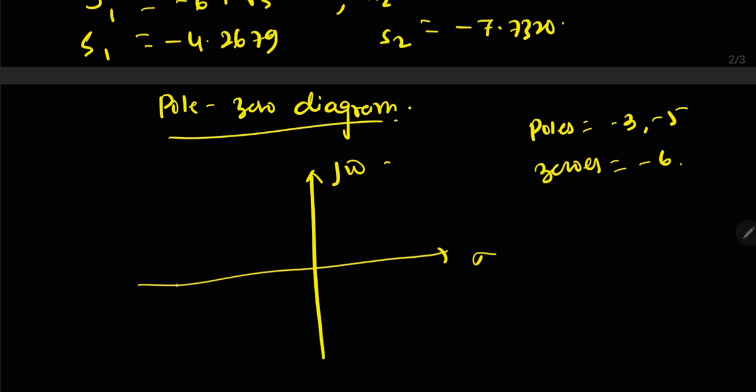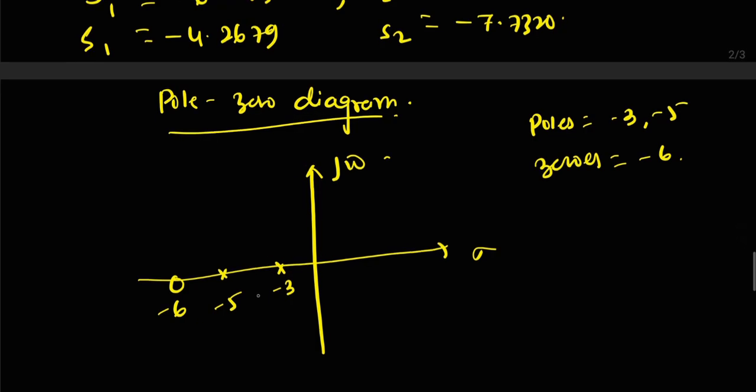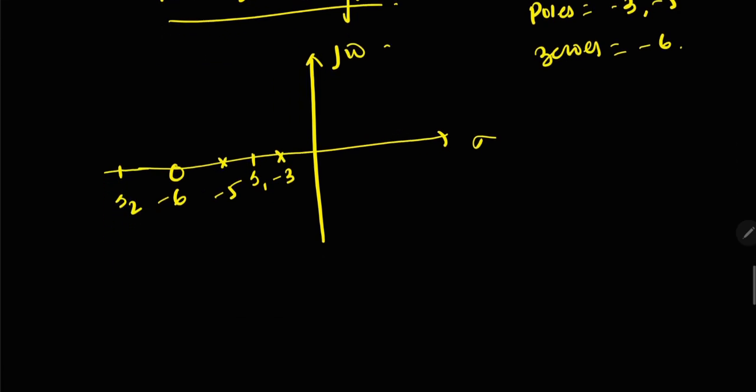Minus 4.26 lies between minus 3 and minus 5. This is the S1 position, and S2 position is beyond minus 6. So both points S1 and S2 are valid points.